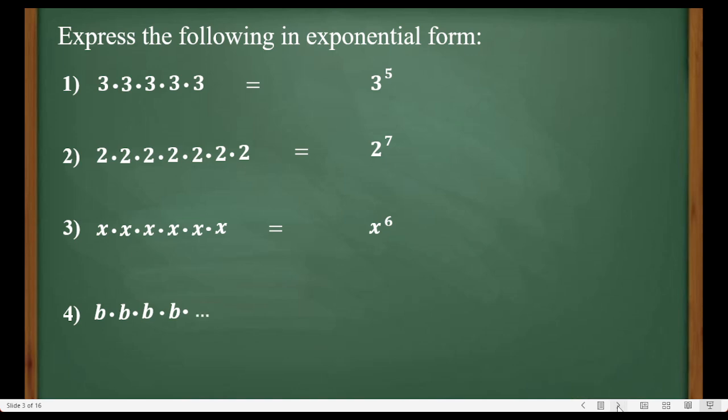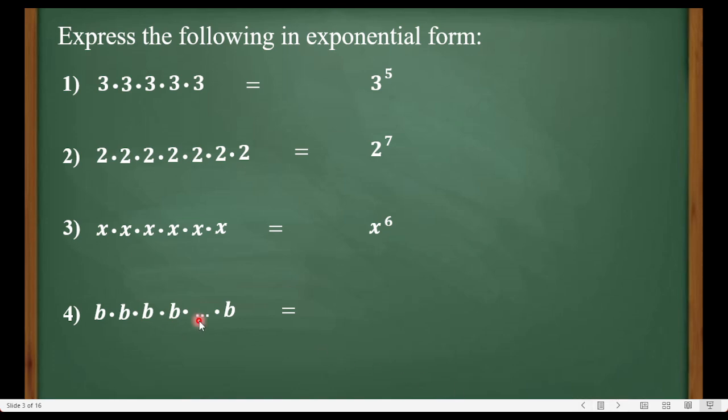We don't know how many of them. Then followed by the last factor of b. So hindi natin alam kung pang ilan to. So this is the expanded form. So how do we express this number 4 expanded form into exponential form? Since we don't know how many b's are there. So ganito yan.